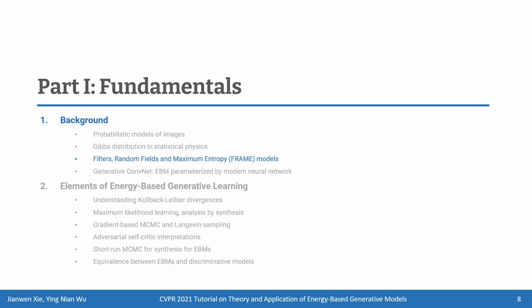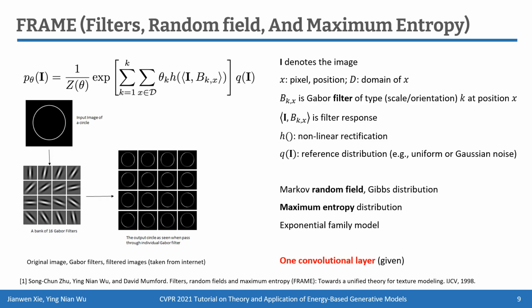Next, we will talk about FRAME models. In the field of computer vision and pattern recognition, the FRAME model was proposed for texture modeling. The FRAME model is a Markov random field model, or an energy-based model whose energy function is the sum of translation invariant potential functions that are one-dimensional non-linear transformations of Gabor filter responses.